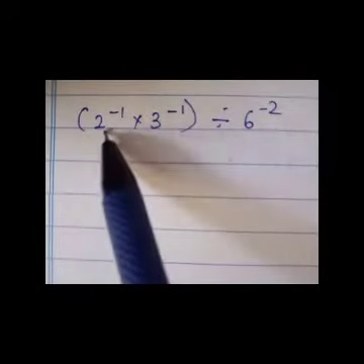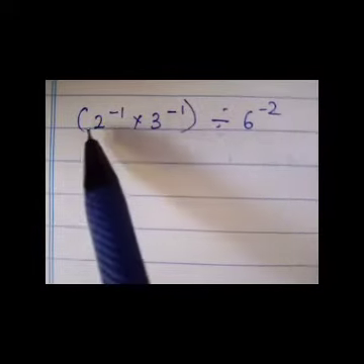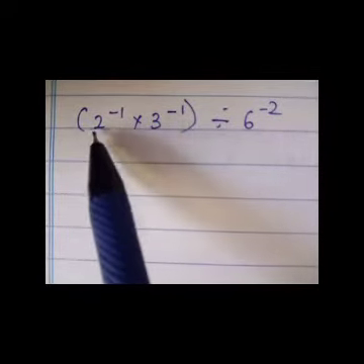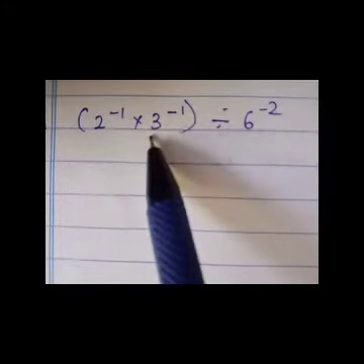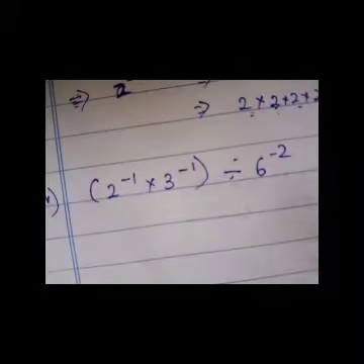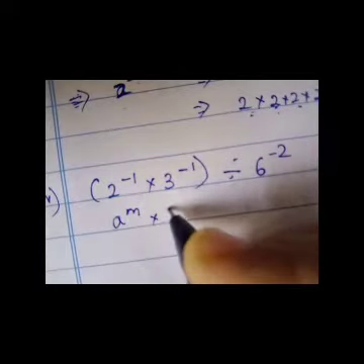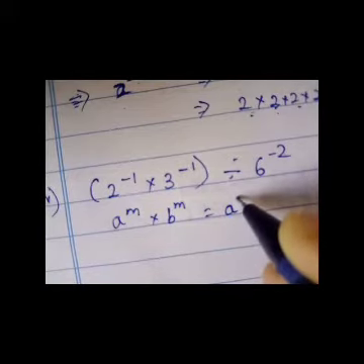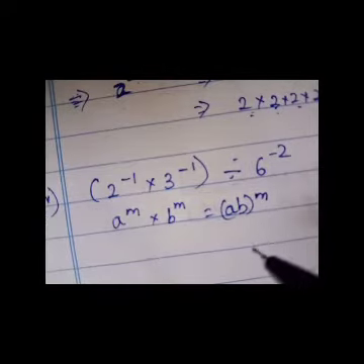Your next question is 2 power minus 1 into 3 power minus 1 divided by 6 power minus 2. First you have to simplify the bracket. If you see here the bracket, which rule is it? It is the power of a product rule, because the bases are different but the powers are the same. So what is the power of a product rule? a power m into b power m is equal to a into b the whole power m.